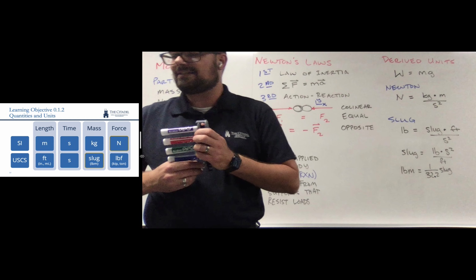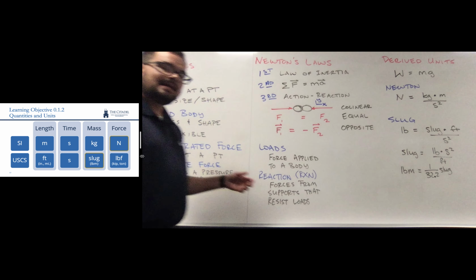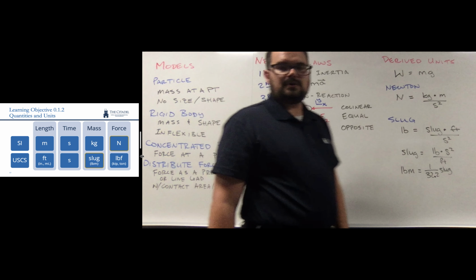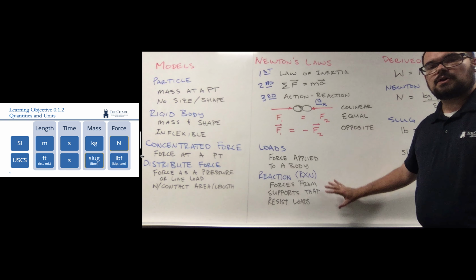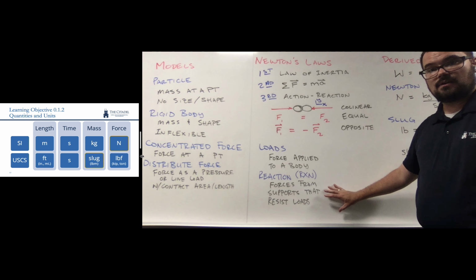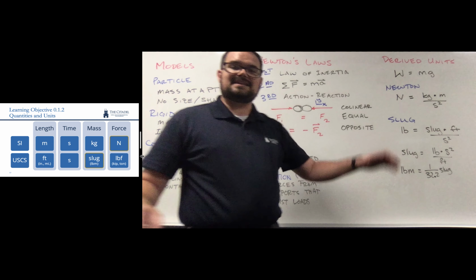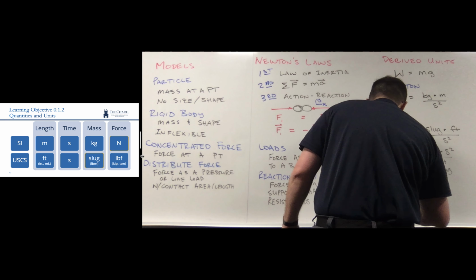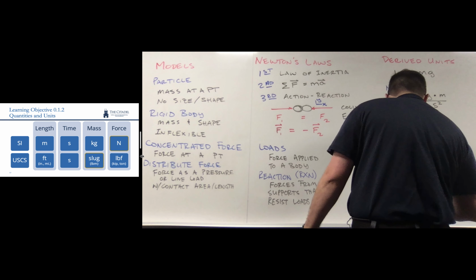Now, remember, one of the things that we're doing is that we're hopefully building a mental model that can handle things like how we model bodies and forces, that can think through Newton's laws, and can identify whether we're applying the loads or we're reacting, generating a reaction, and that would also connect to just how big it is. So one of the things that's important about units is to recognize that engineers always use units. Always.